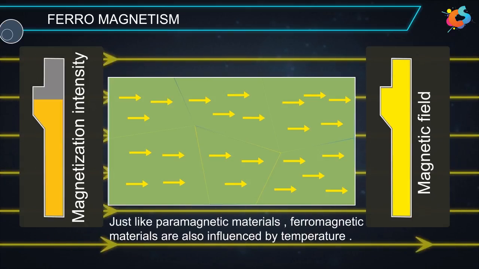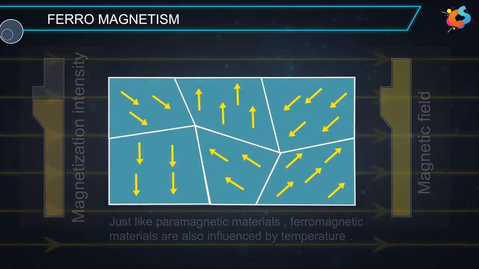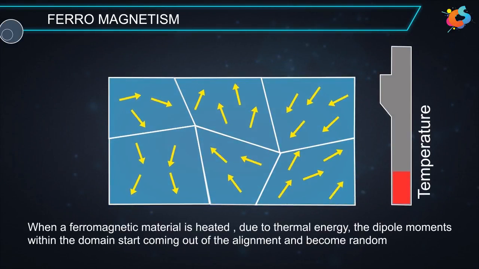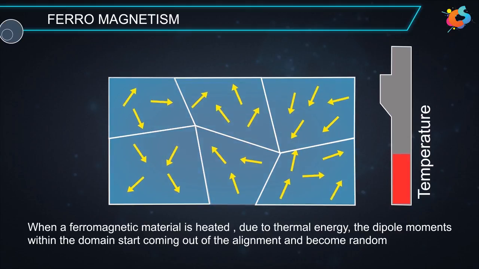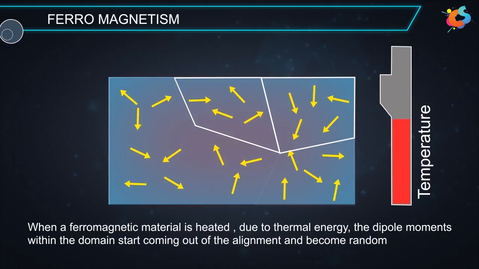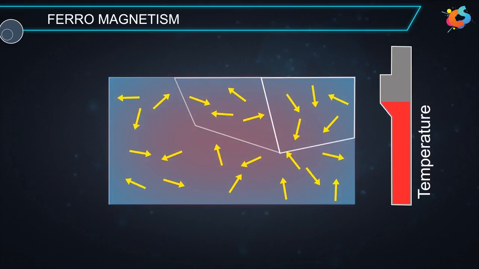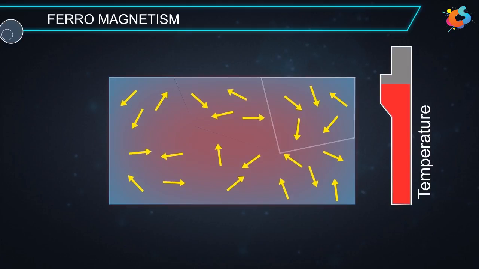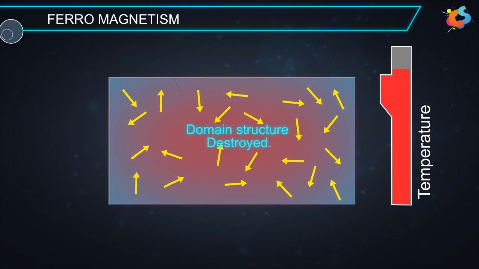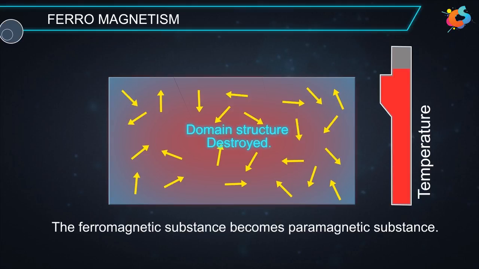Just like paramagnetic materials, ferromagnetic materials are also influenced by temperature. When a ferromagnetic material is heated, due to thermal energy, the dipole moments within the domain start coming out of alignment and become random. The randomization goes on increasing. Then, at a particular temperature, the domain structure becomes completely destroyed and the ferromagnetic substance becomes a paramagnetic substance.